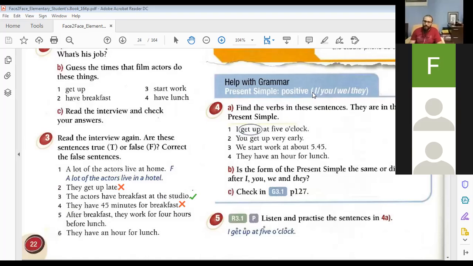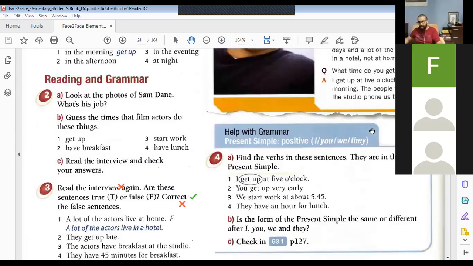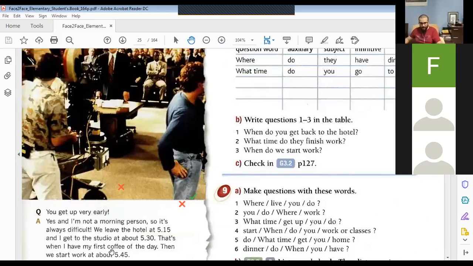Okay, it says after breakfast they work for about 4 hours before lunch. Is this true or false? You can check if you want. I think 5 hours. Let's check. What does it say?